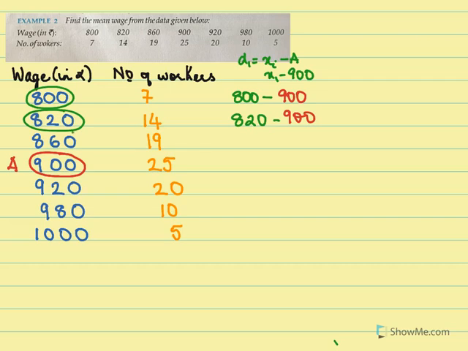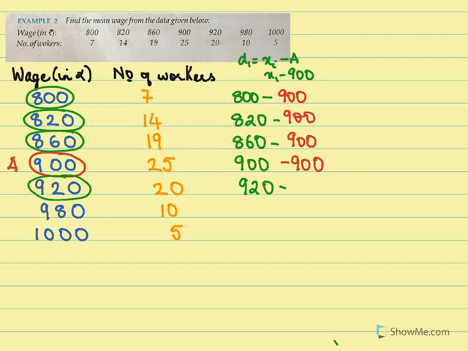Then the next one is 860. So we take 860 and subtract 900. Then the next one is 900. So we take 900 and subtract 900. Then we have 920. So 920 we subtract 900.